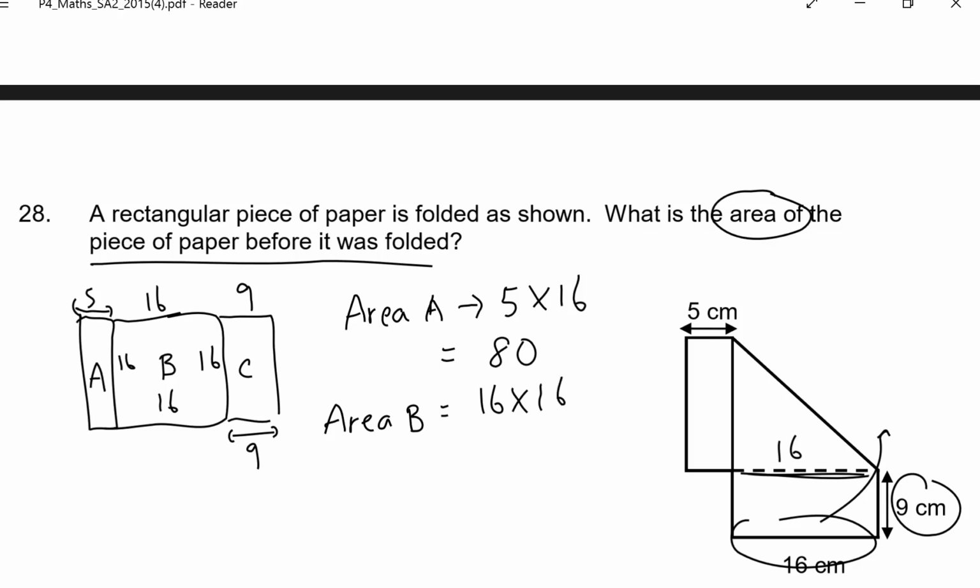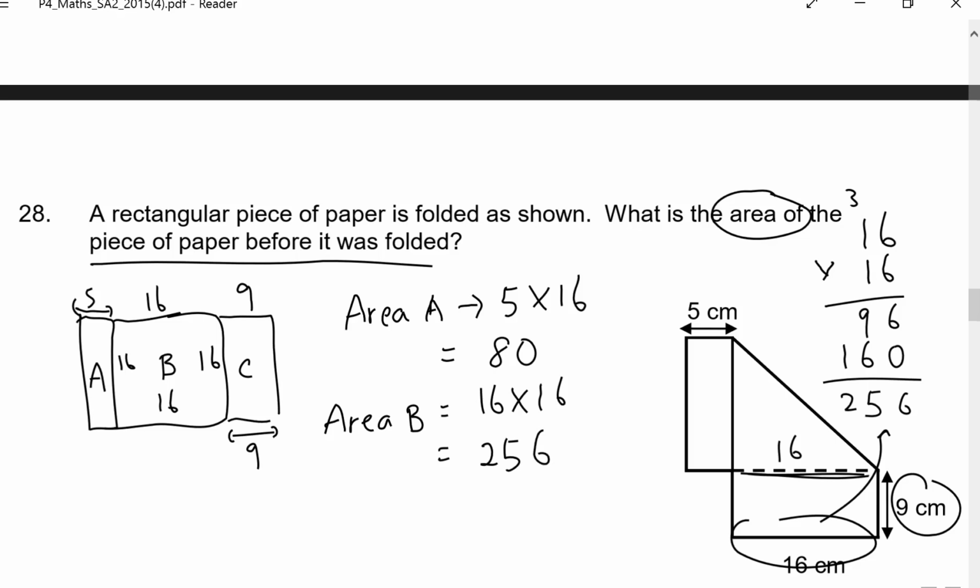Area B is a square, so it will be 16 times 16, which is, let me just use my workings to find out. 16 times 16. Things can go wrong if you don't know how to do your 2 digit times 2 digits still. So I get 256. Now for the rectangle, area C, 9, there's a 16 at the sides as well.